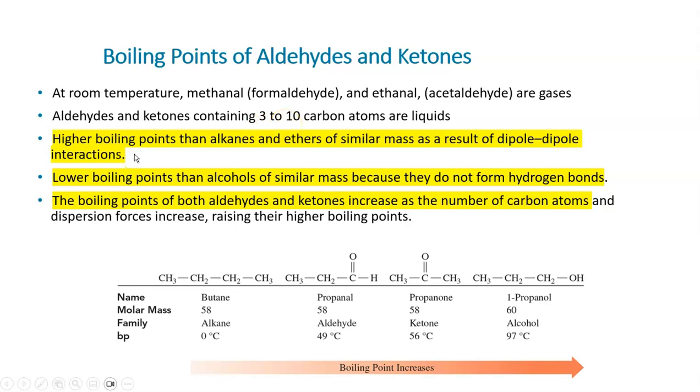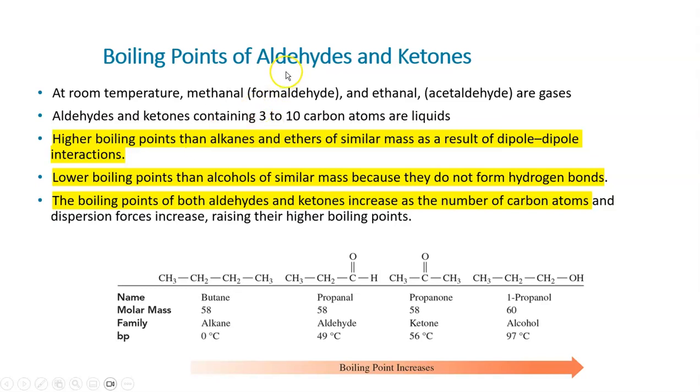Now, if we compare the boiling points of aldehydes and ketones with alkanes or ethers, alkanes and ethers do not have these dipoles. Therefore, they don't have these intermolecular interactions. As a result, their boiling points are very low.